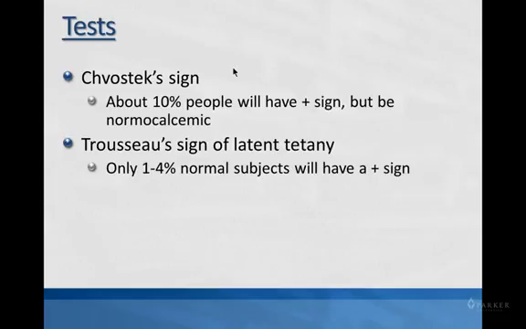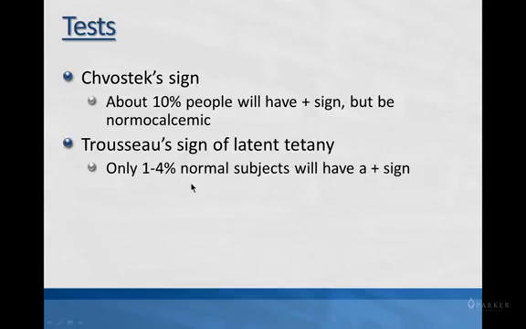Now it's extremely uncomfortable, but they do that. We'll show you what the carpopedal spasm looks like. That hypoxia, or ischemia, in the arm will unmask the increased excitability of the muscle. So we'll show you that.